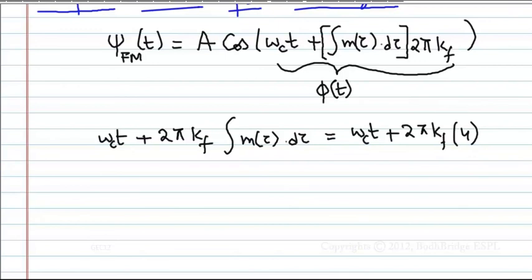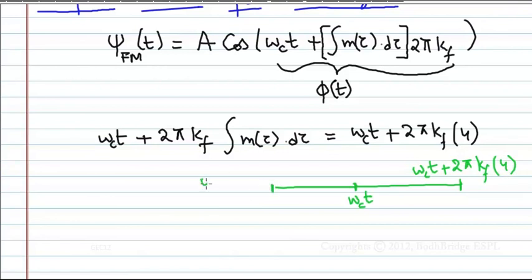Means I will pictorially show it in this way. You are at omega ct and you are reaching omega ct plus 2 pi kf into 4, or you may reach omega ct minus 2 pi kf into 4. Why minus you got?